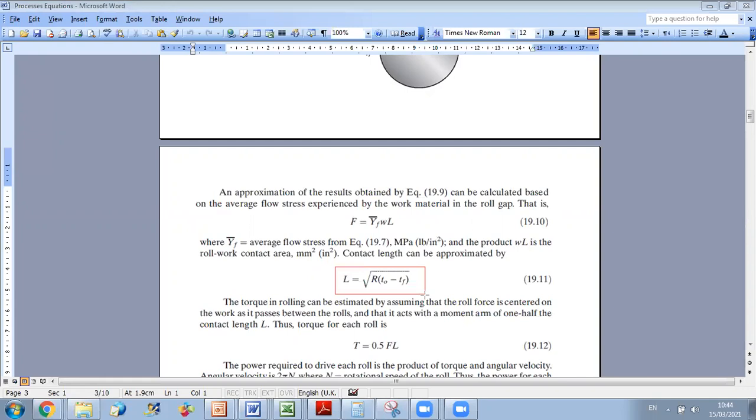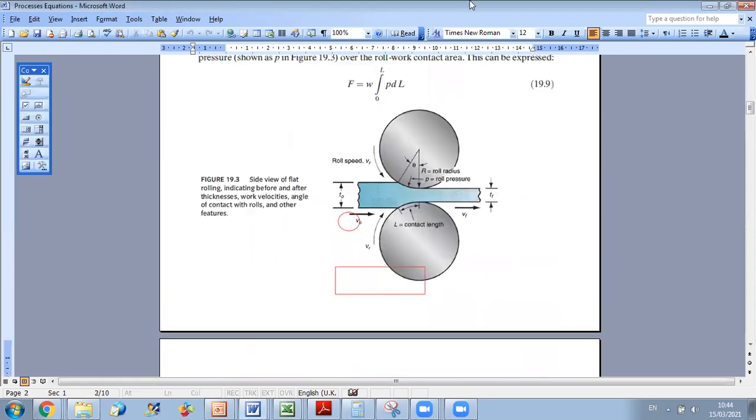Now, we will see that this force can be used to calculate the torque and power required to provide to the rolls. So knowing the force, how can we calculate the torque needed? As you can see here, you can consider that the resulting force is passing through the center of the contact area. And in order to ensure the rotation about this point, I need to provide a torque equal to this force times this perpendicular distance.